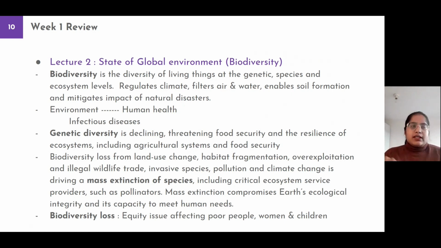Also, we observed that genetic diversity is declining, which is threatening food security and the resilience of ecosystems. For example, if you remember the locust swarms invading and destroying crops in parts of India and Pakistan in the past few years, you would know how a small change in biodiversity could lead to events such as these, and these affect the agriculture system and food security.